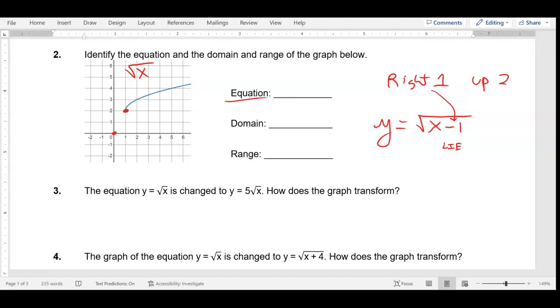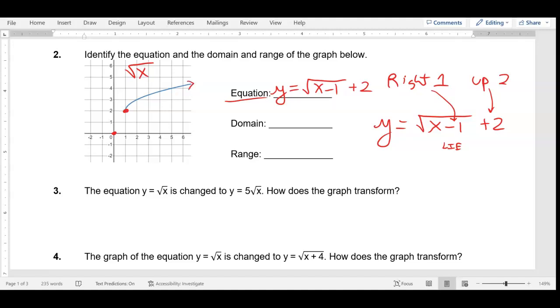And then the up 2 is going to go outside over here. +2, it does not lie. Whether you use f of x or you use y, it's got to be x minus 1 under a square root sign. +2 is after the square root sign. Very important.